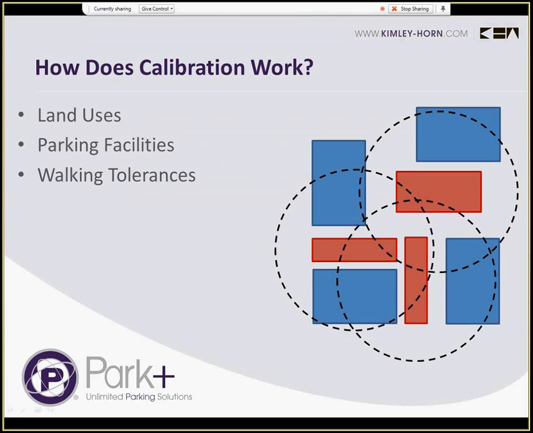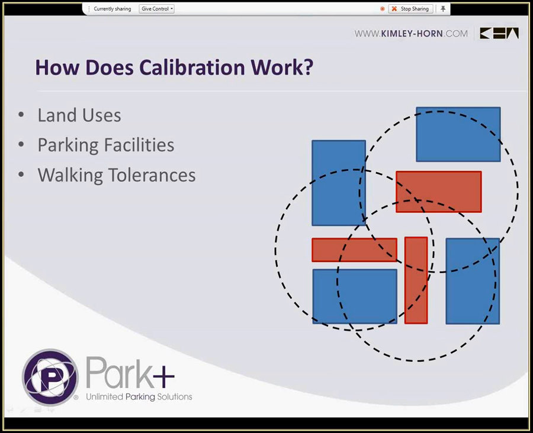It creates these radii, and within those radii it identifies the land uses that would be associated with those parking facilities. It's creating thousands of these relationships as you go along. And if you create those allocated private parking relationships, it may take a parking facility offline so that it's not creating this radius for those public demand generating land uses, but only for those that it's serving.